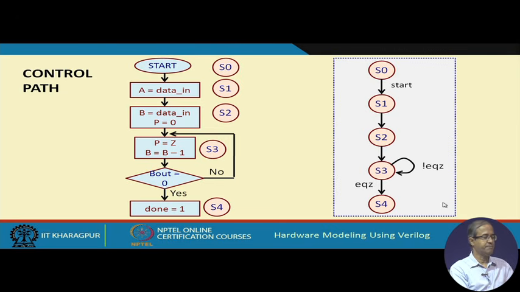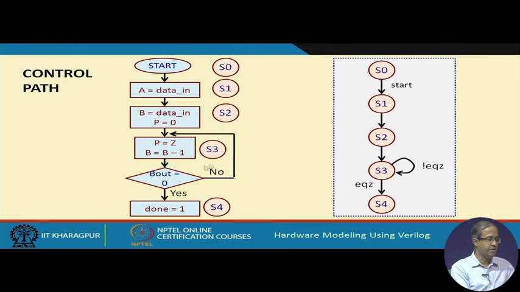This is my FSM. I start with S0. If start is 1, I go to S1. So, whenever start is activated, only then I go to S1. Then from S1, when the next clock comes, I go to S2. From S2, whenever the next clock comes, I go to S3. But in S3, I check this equal to Z signal. If it is not equal to 0, I remain in S3.